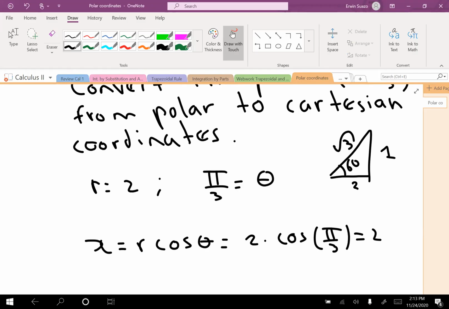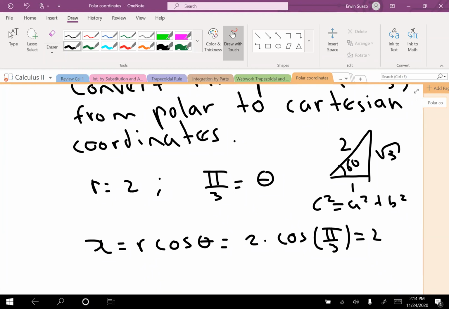No. Let's see. Yeah, it must be this one: 2, square root of 3, and 1. Because by Pythagoras, c squared equals a squared plus b squared, that will be 4 equals 1 plus 3.